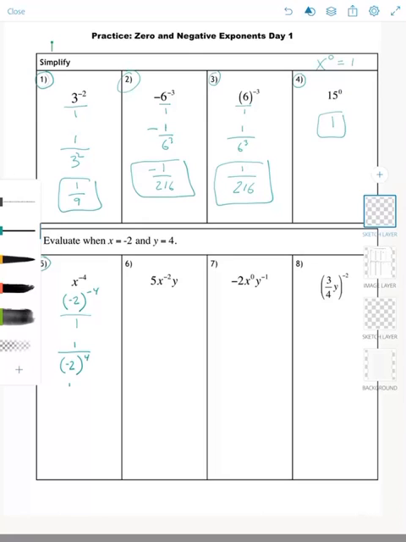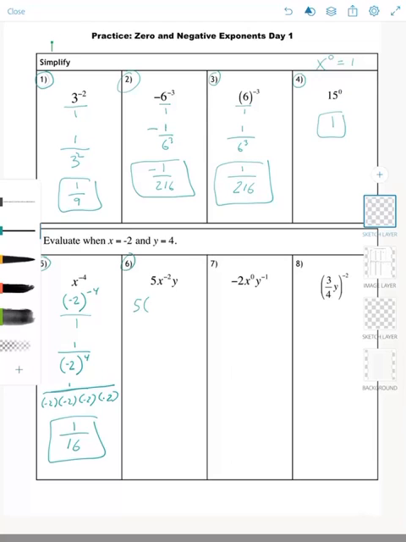Now it's to the positive power. And so what this means is 1 over negative 2 times negative 2 times negative 2 times negative 2. Well, it's an even number of negatives, which is going to give us a positive answer. And 2 to the 4th power is 16, so we'll get 1 over 16.